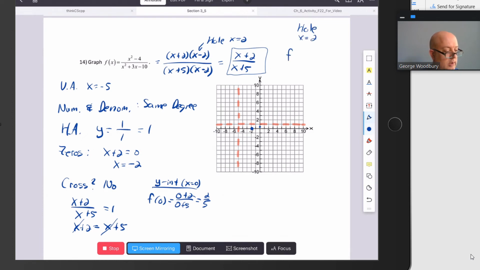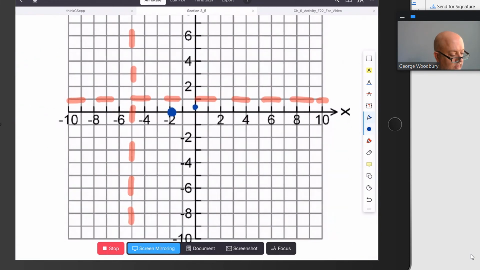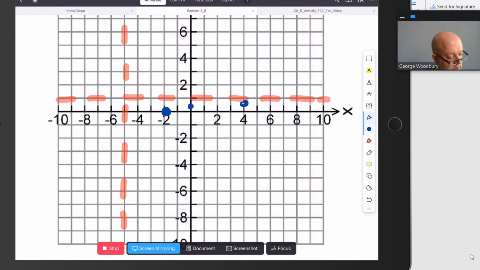For the simplified function, that's going to be 2 plus 2 over 2 plus 5, or 4/7. So there's going to be a hole at (2, 4/7). And let me make that hole like that, so I can see that a little better.